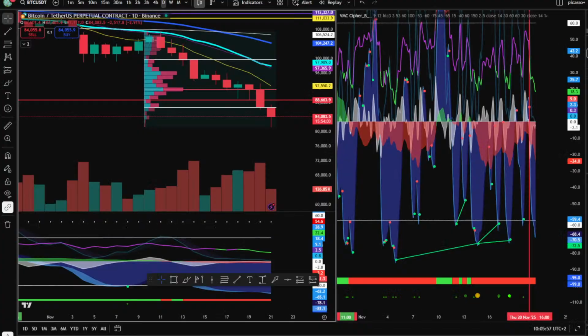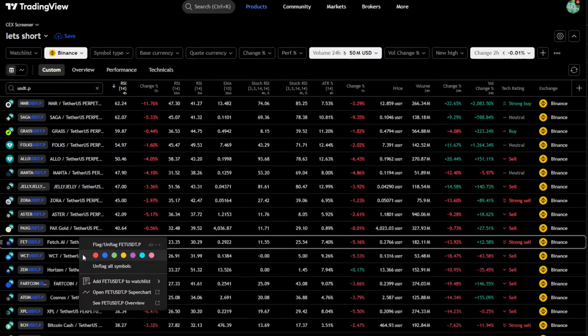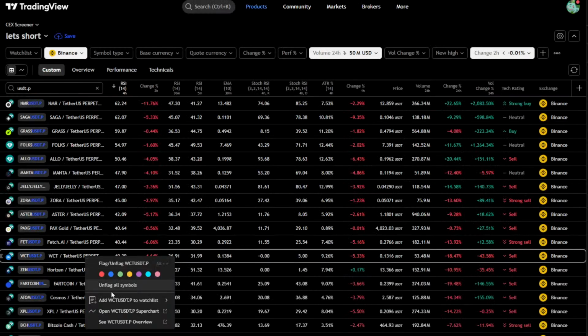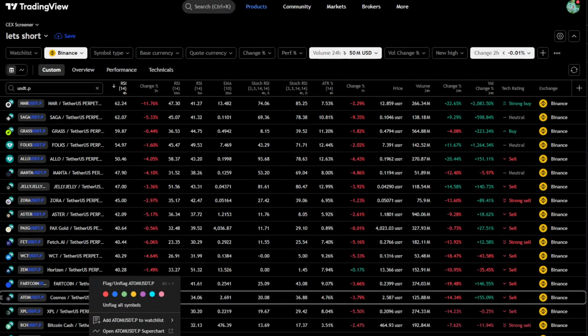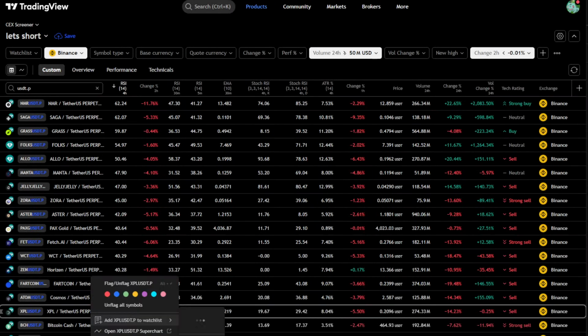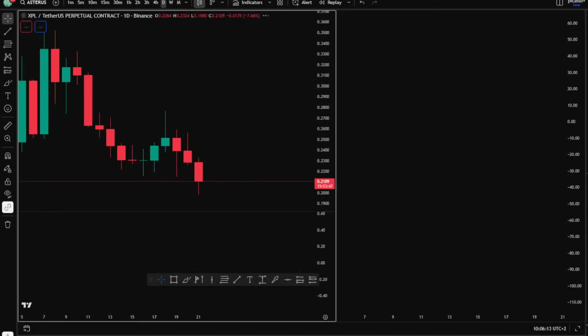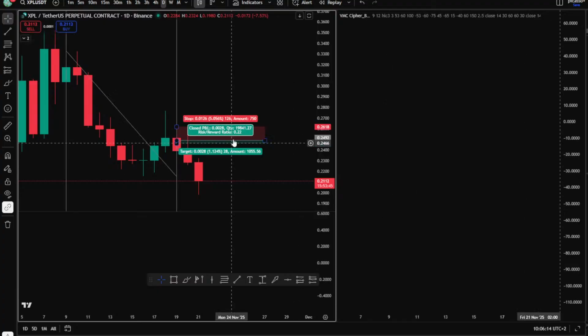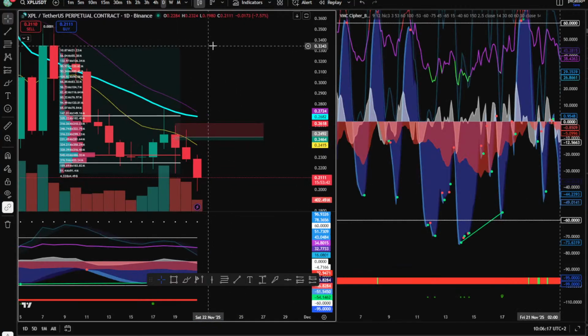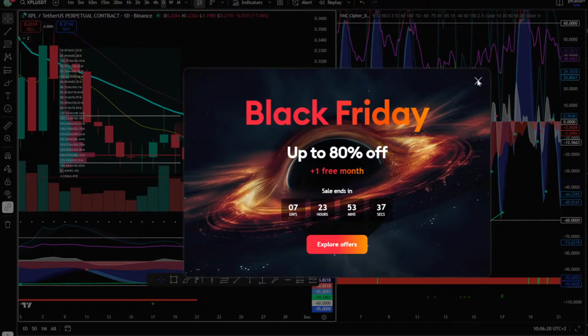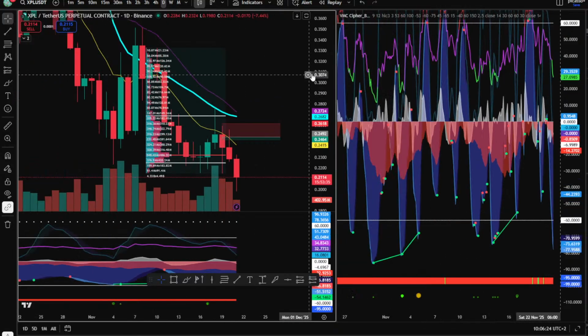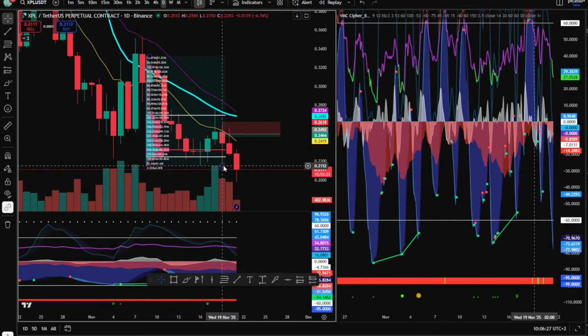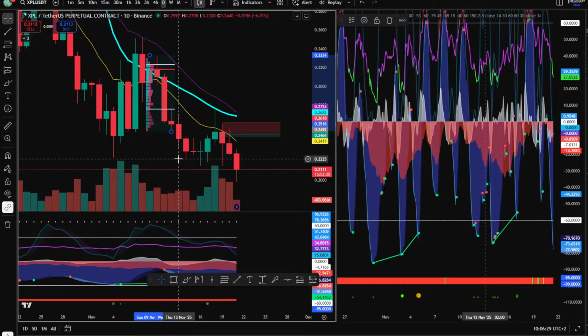So after we checked it out, what else do we have? We have Pax Gold. Not going to check that, that's gold. WCT, Zen, Bartcoin, Atom, XPL. Okay, I'm not going to look at that.